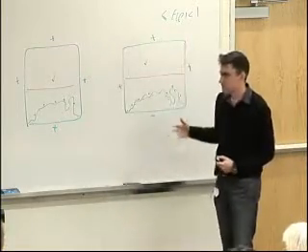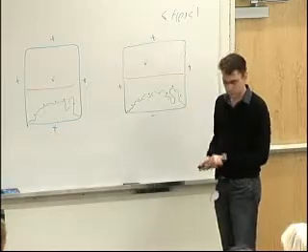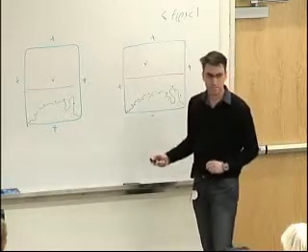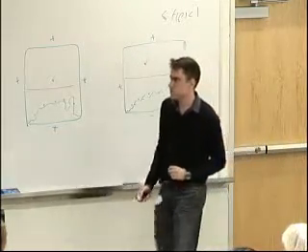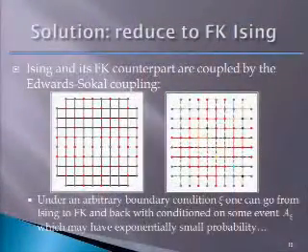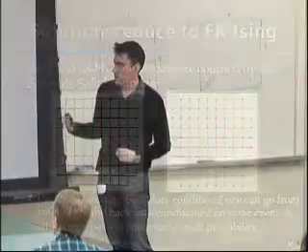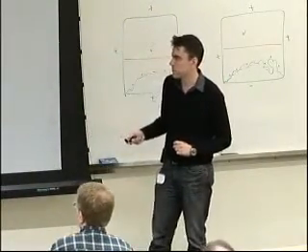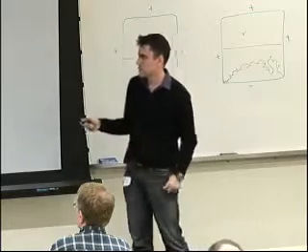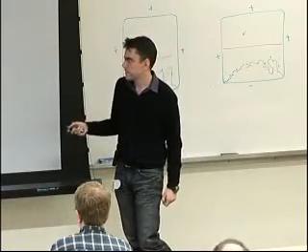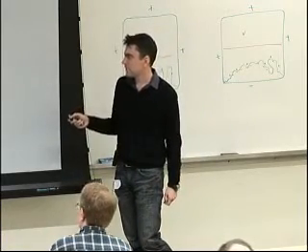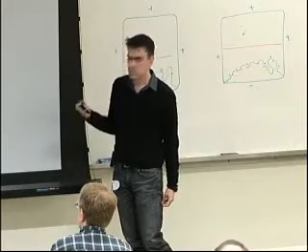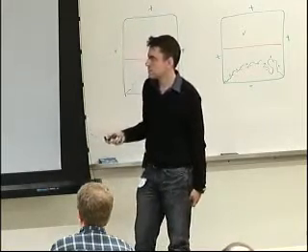And so instead, to deal with this, we pass to the FK Ising model. The FK model, or the random cluster model, is just briefly a kind of dependent model of percolation.